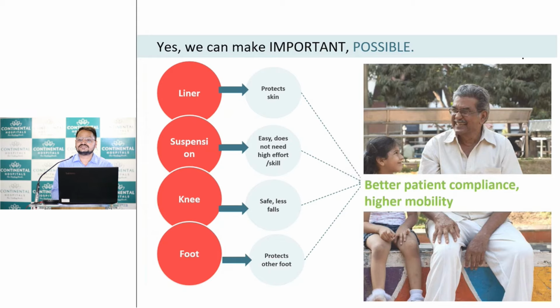That is our main concern: if somebody is using a prosthesis, how much time in a day do they think about it? If they think about it a lot, then there must be some reason that we have to look into. These are the solutions we look into, and then we plan the further management.